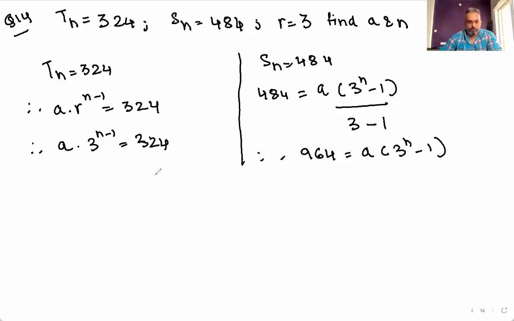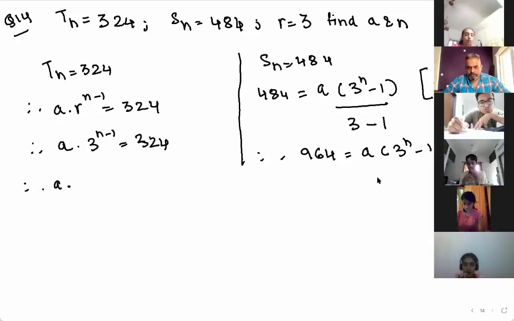So what should we do now? So let's try this one over here. A into, what is 3 raised to n minus 1? 3 raised to n minus 1 will be equal to what? 3 raised to n upon 3 raised to 1. Did you understand this? 3 raised to n upon 3 raised to 1.